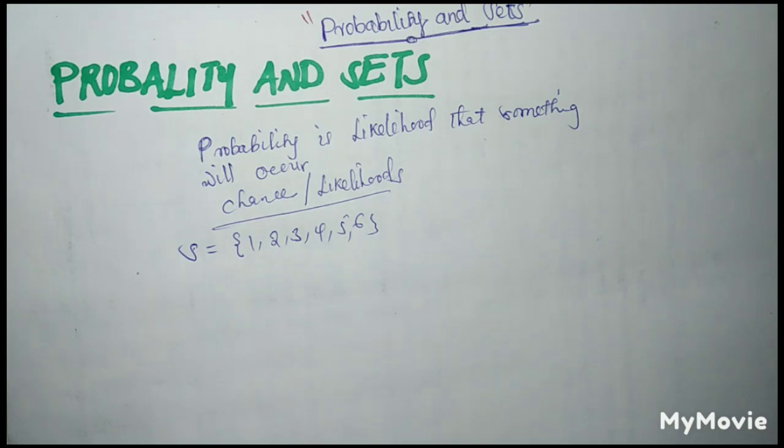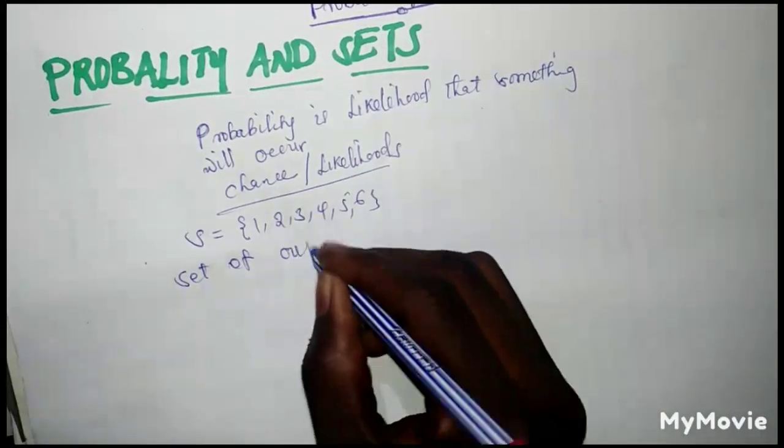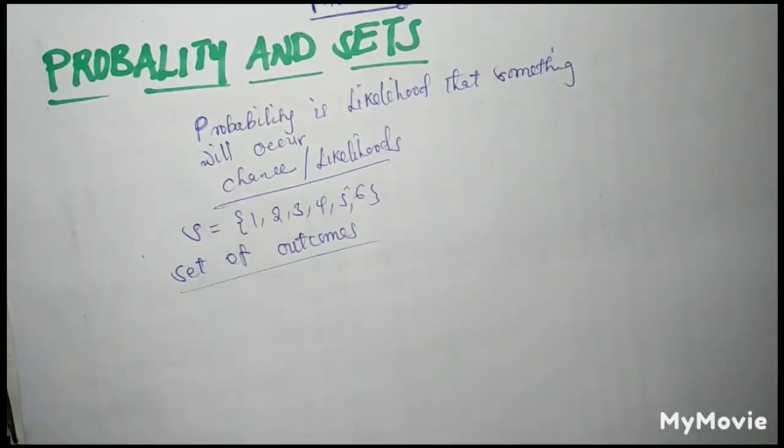This is where our number of outcomes or chances of particular events come from. In short, this is called the set of outcomes. That is a sample space, also known as the set of our outcomes, and those outcomes are based on the events that we want to find.